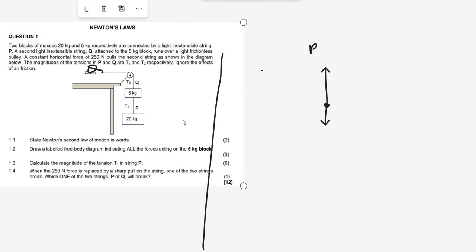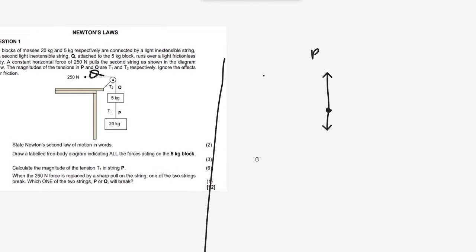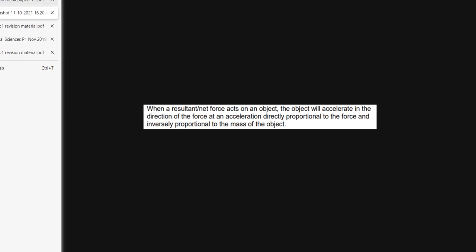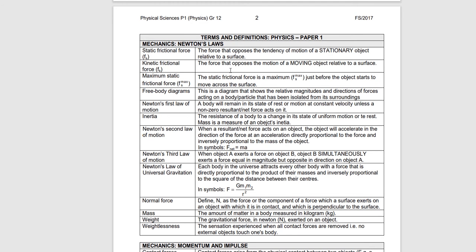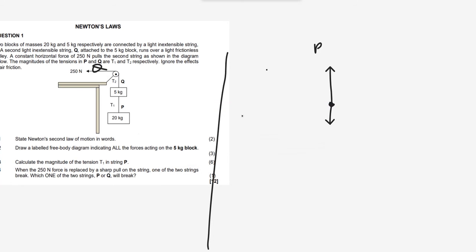And remember, here's our diagram, and F net equals ma is on our formula sheet. Remember that Newton's second law states that F net equals ma.